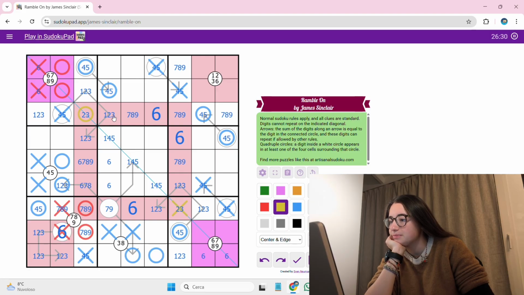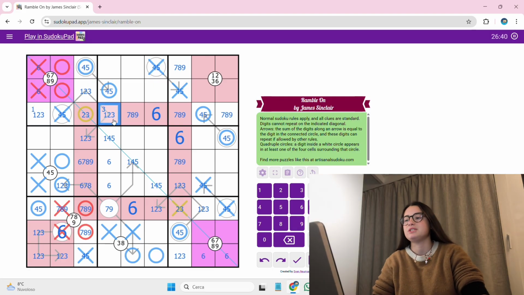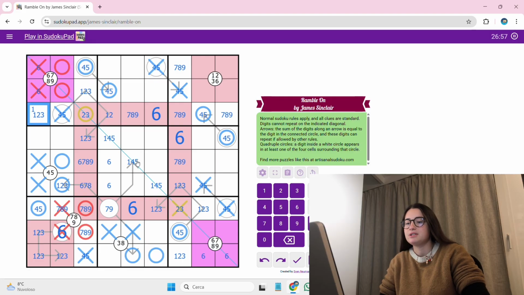So this 3 must be 1, 2, 3. Can this be a 3? I don't think so, because, okay, no, this can't be a 3. This being a 3 works out this to be a 1. And here we would have at least a 4, because the 2 would be here. So this can't be a 3. This can't be a 3.